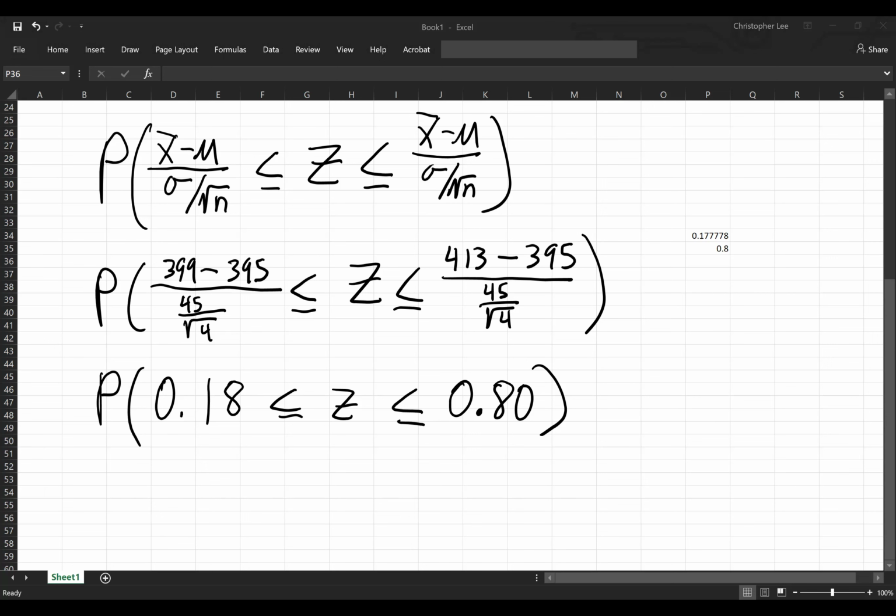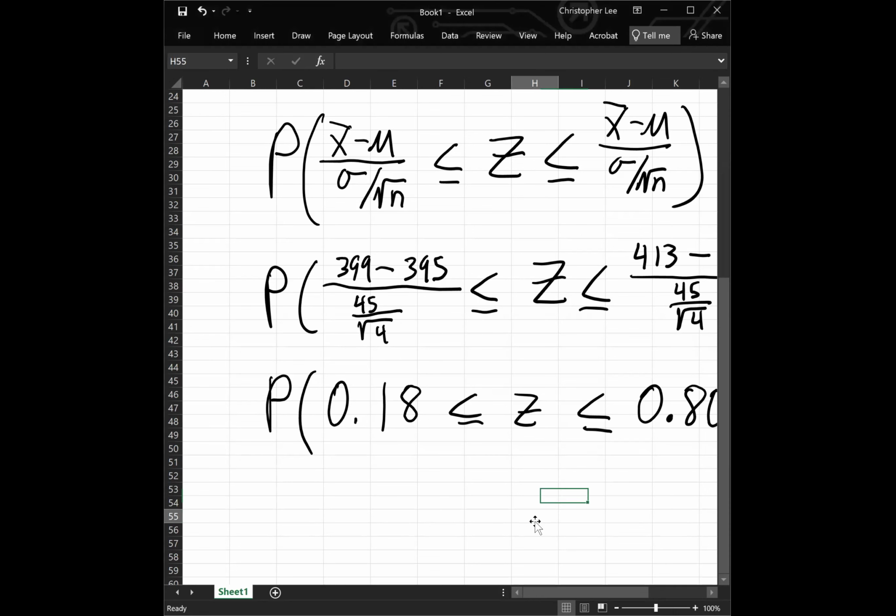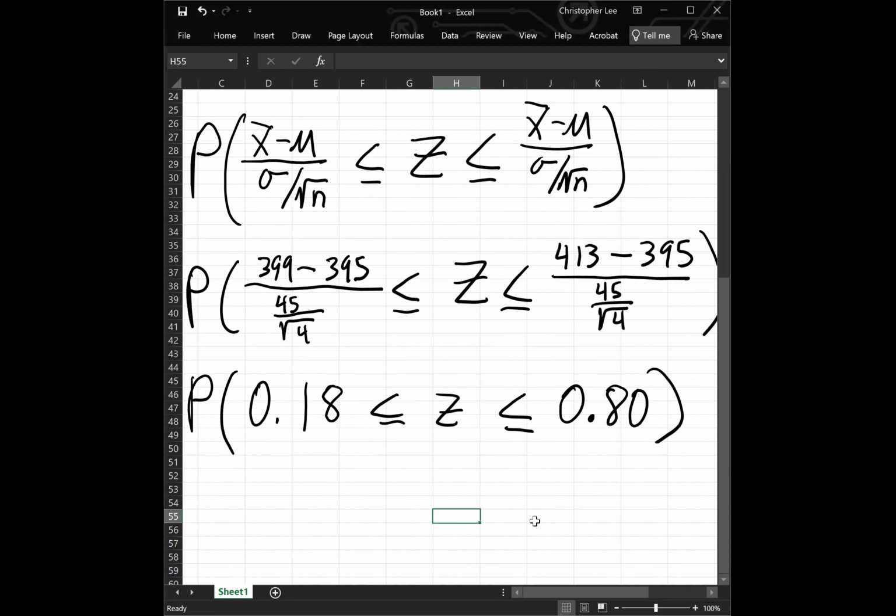So 45 divided by square root of 4. I need you to be able to do it on your own.